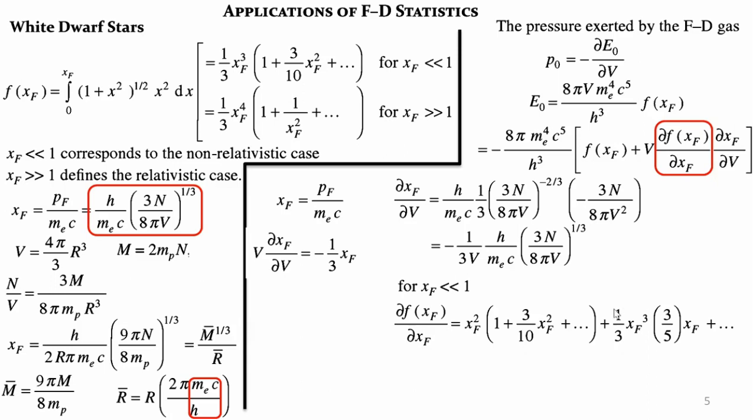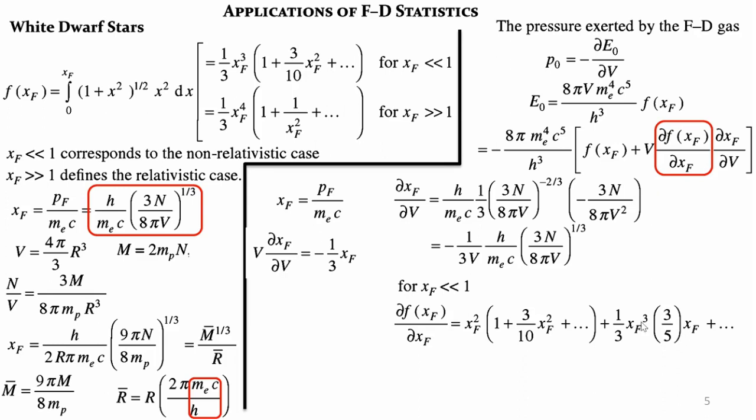Plus the second function as such, times the derivative of the first function. The derivative of this goes to 0. This is 3 by 10, and what will this give you? 2xf, right? And 2 cancels 10 and results in 5. So this will be 3 by 5 xf. So that's what we have found.